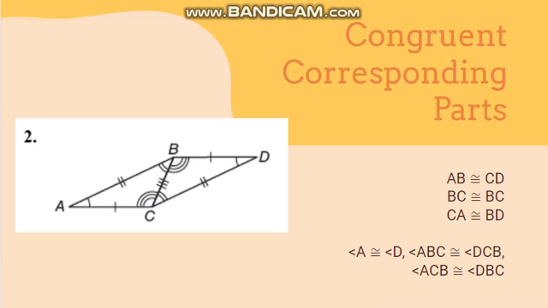Angle ABC and angle DCB are congruent, and angle ACB and angle DBC are congruent. So our congruence statement will be ABC and DCB are congruent triangles. If we get those letters out of order, we will not be writing an accurate congruence statement.